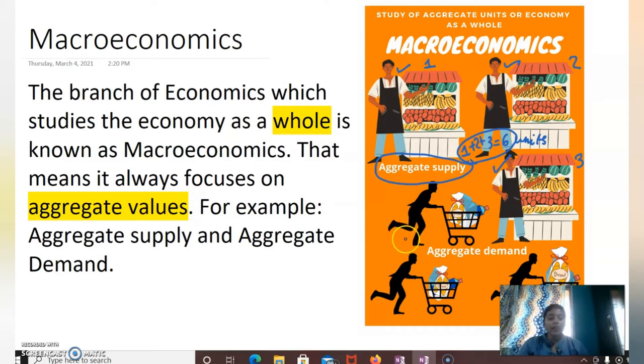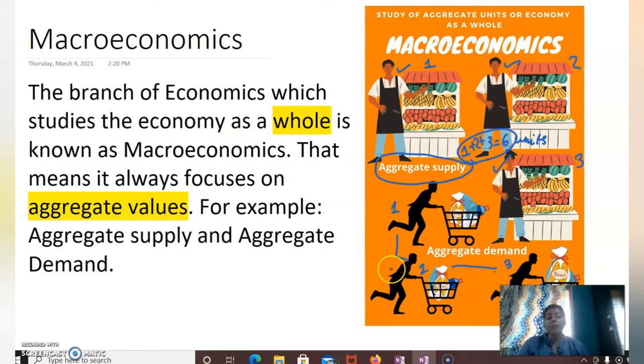Same as aggregate demand. The first person is taking something, then the second person, and again we add up the demands of these three individuals and we get the aggregate demand, the summation of the demands made by these single individuals.